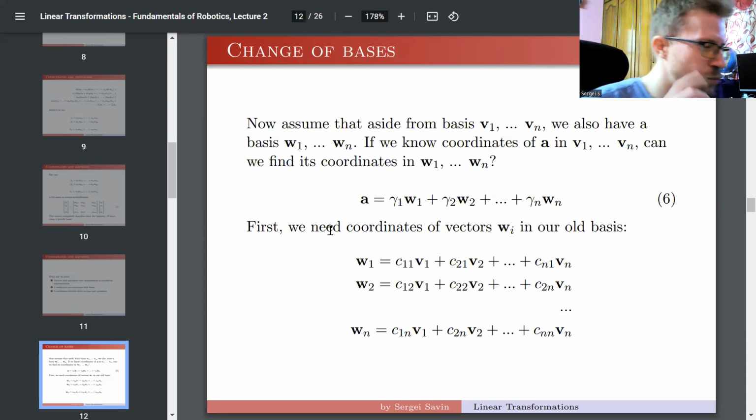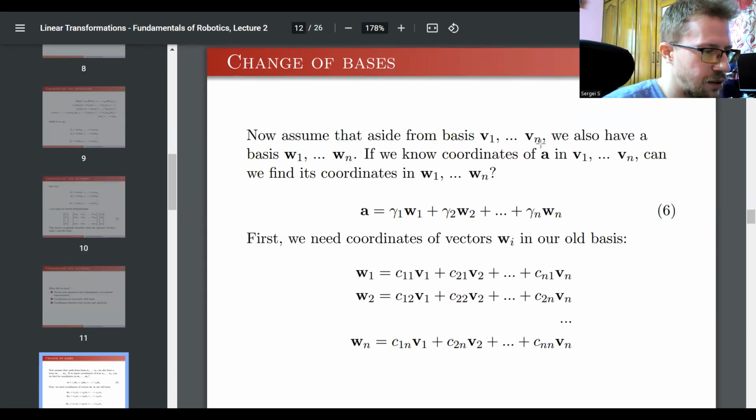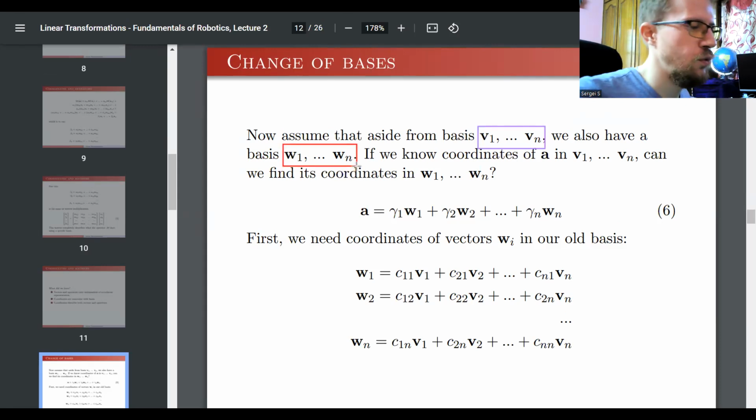Now, a more complicated example. Let's say you have one basis, V1, V2, Vn. And you have a second basis, omega 1, omega 2, omega n. If we know coordinates of vector A inside the first basis, can we find its coordinates inside the second basis?